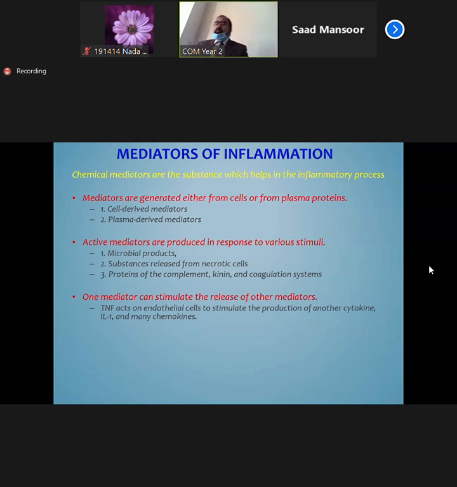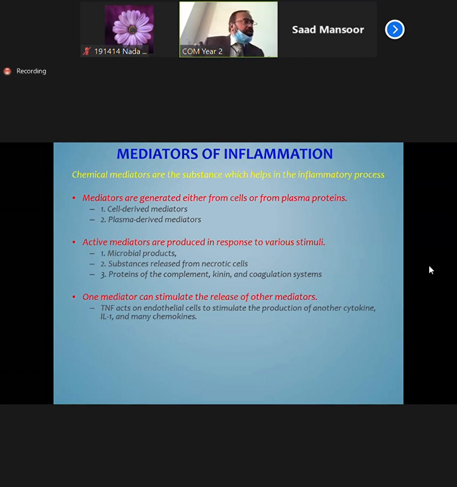For example, when tumor necrosis factor is released, it acts on endothelial cells, and they start secreting other mediators like interleukin 1 and many other chemokines. If you remember my first lecture, acute inflammation, tumor necrosis factor and interleukin 1 go up and stimulate the endothelial cell, and also push histamine and thrombin to activate.